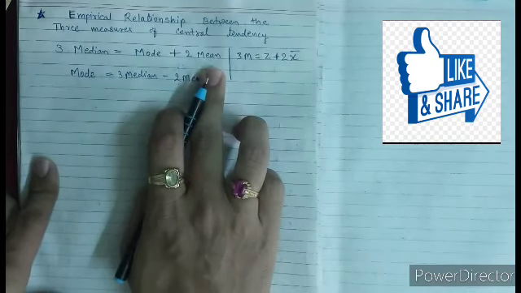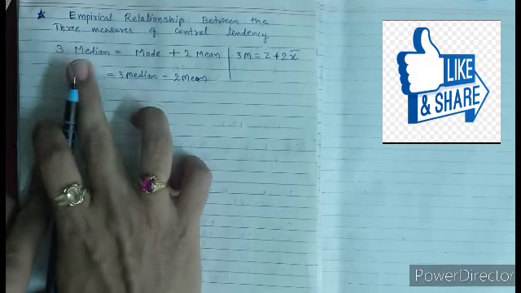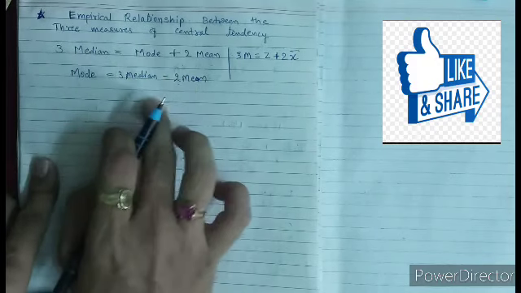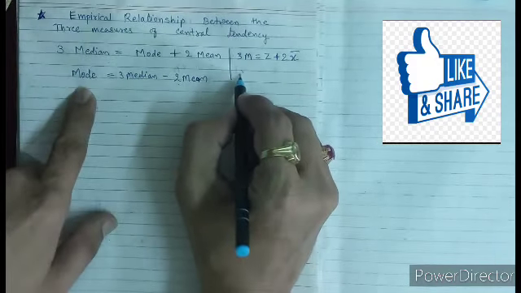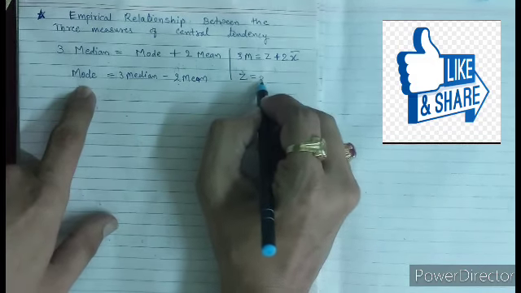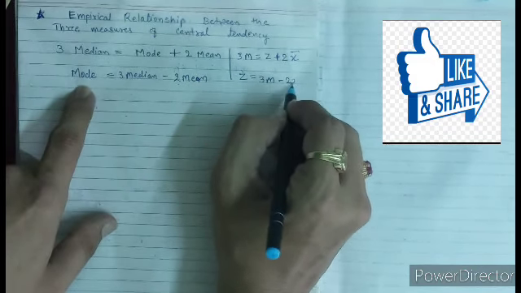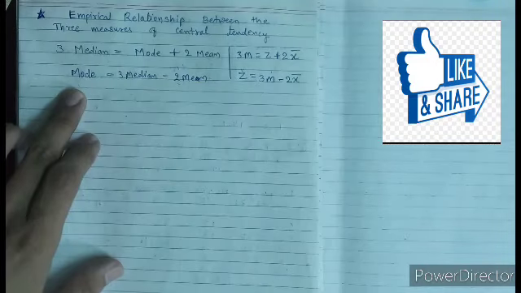Sending 2 into mean to the other side, it becomes negative. So 3 median minus 2 mean equals mode. In symbols, mode z equals 3m minus 2x bar. So this is the other form of the same equation.